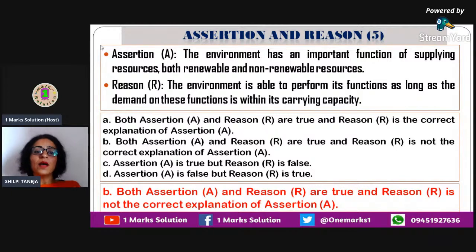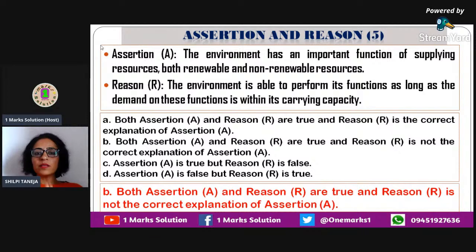What does that mean? Reason is telling that the environment will only be able to perform the function of supplying resources until and unless the demand for these resources is within the carrying capacity of the environment. Means the rate of regeneration is higher than the rate of usage of those resources.